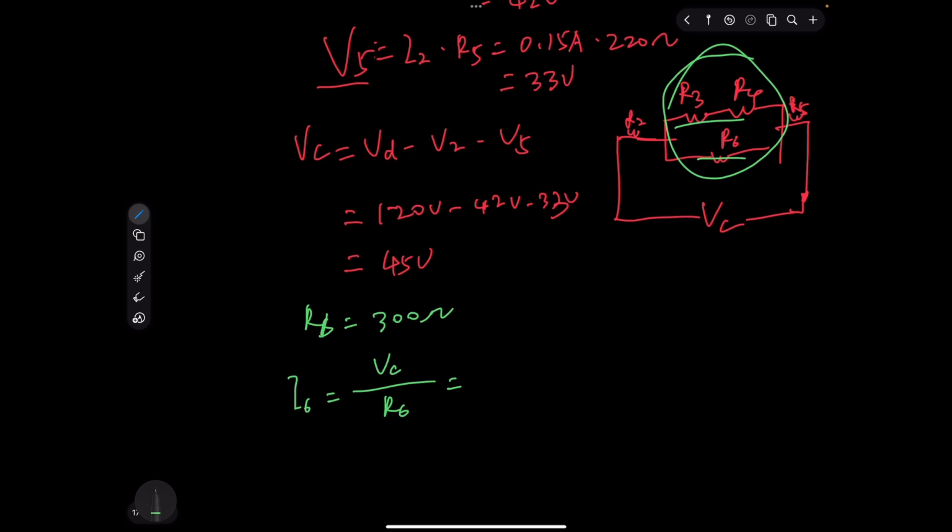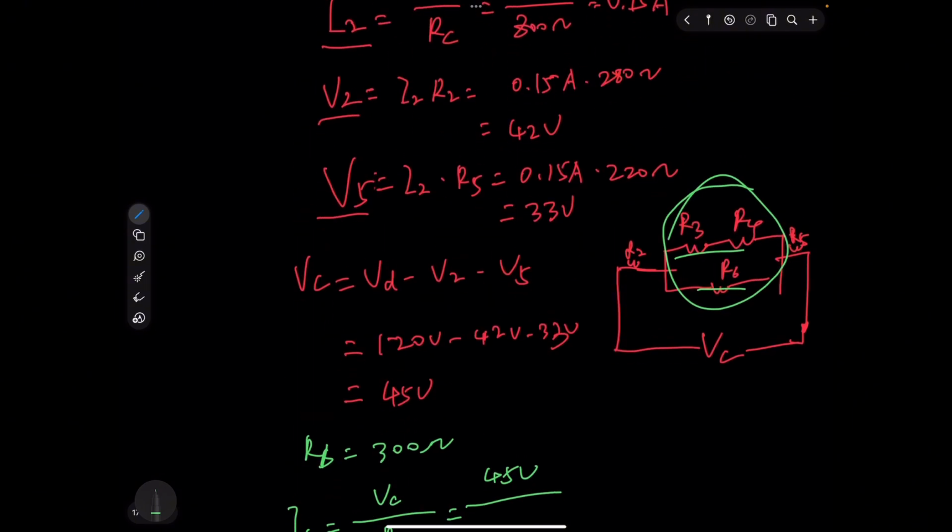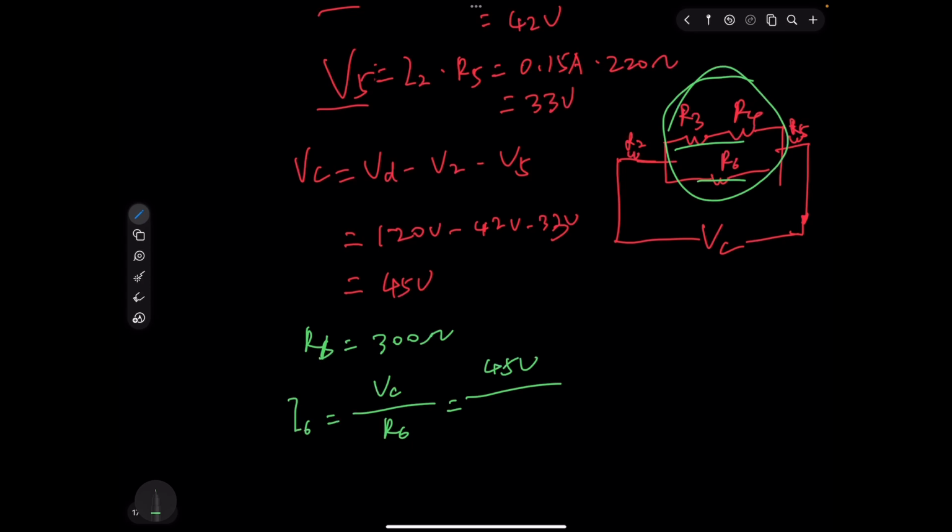VC is 45 volts divided by R6, which is 1200.